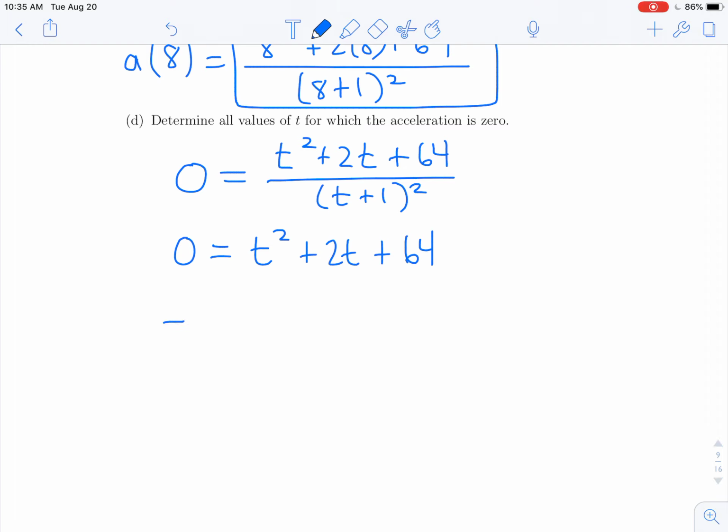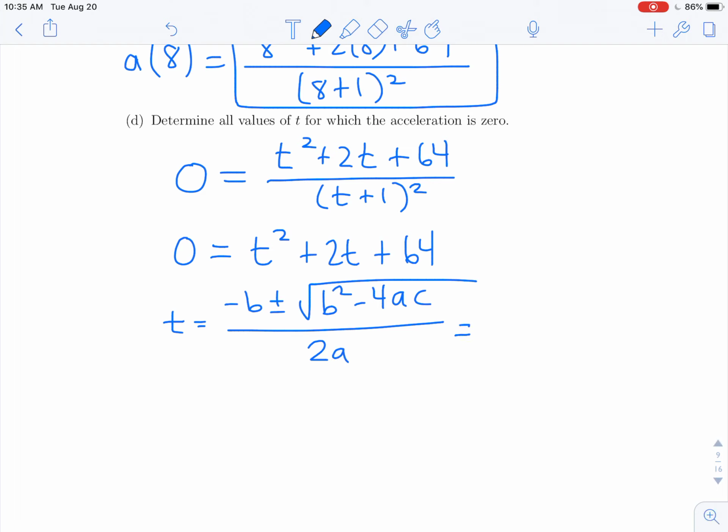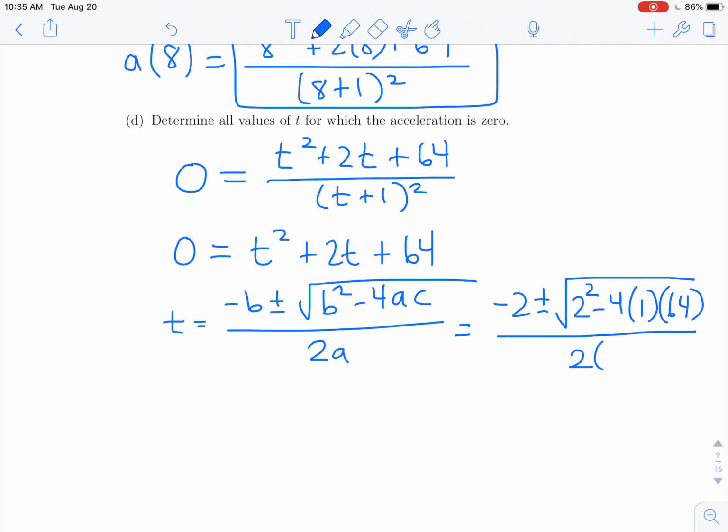So t is negative b plus or minus square root of b squared minus 4ac all over 2a. So negative 2 plus or minus square root of 2 squared minus 4 times 1 times 64 all over 2a.